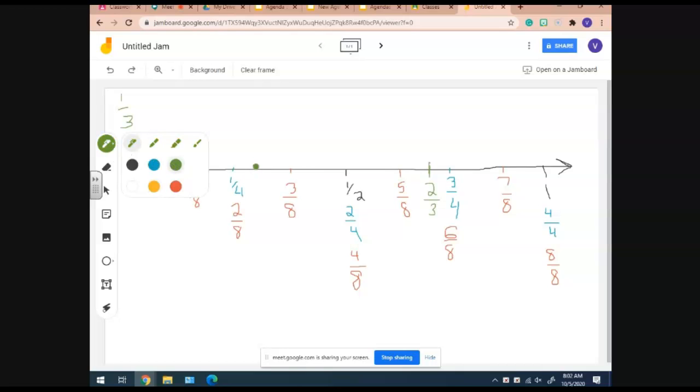Oh my goodness, don't you hate when you mess up? 1/3's bigger than 1/4. I don't know what I was doing there. So sorry. 1/3 is bigger than 1/4, so please correct that. Do not leave that on your paper. Okay? And then 1/5, okay, that makes a little more sense that it's just right here. It's a little less than 1/4.